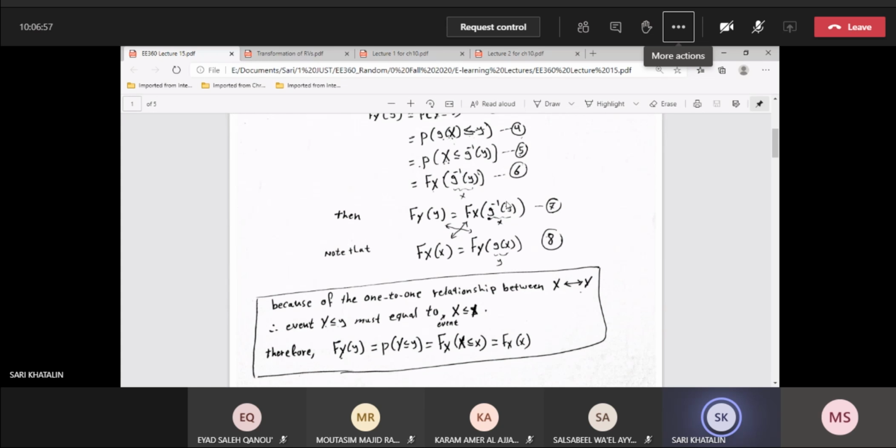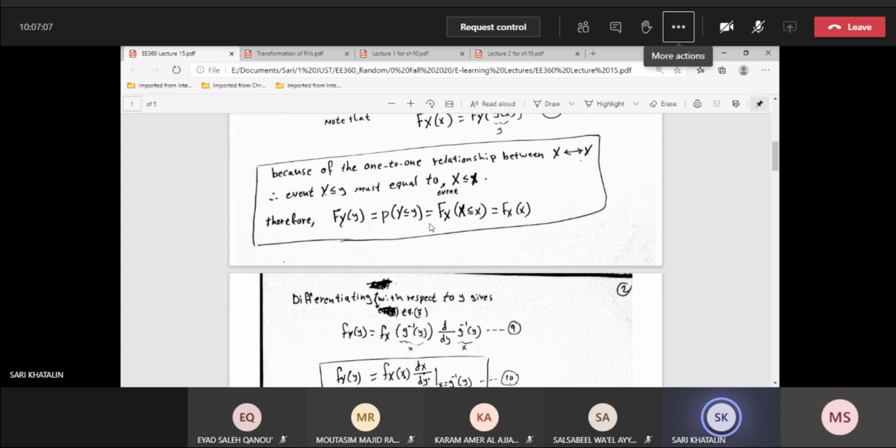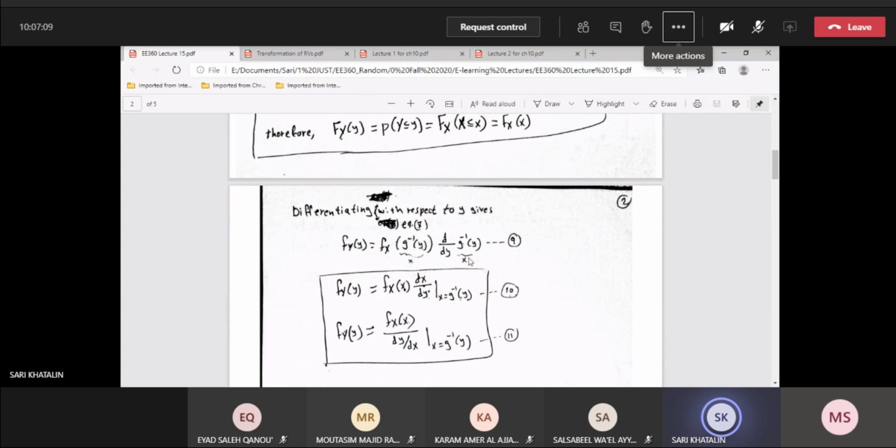Since we have a function inside, the differentiation of the CDF will be the PDF times the derivative of the function inside, which is the derivative of the inverse of y with respect to y, which is equal to the derivative of x with respect to y.